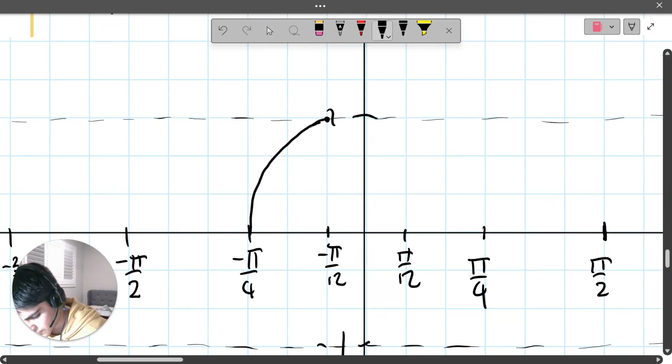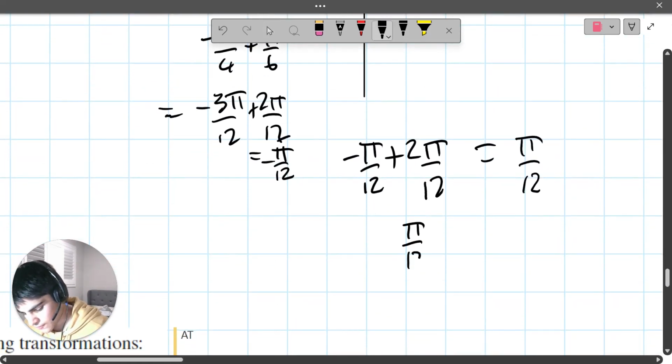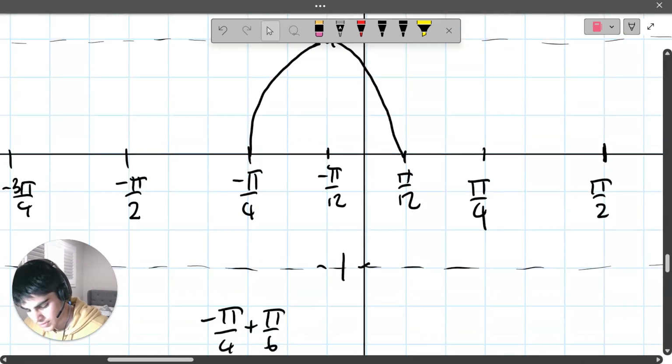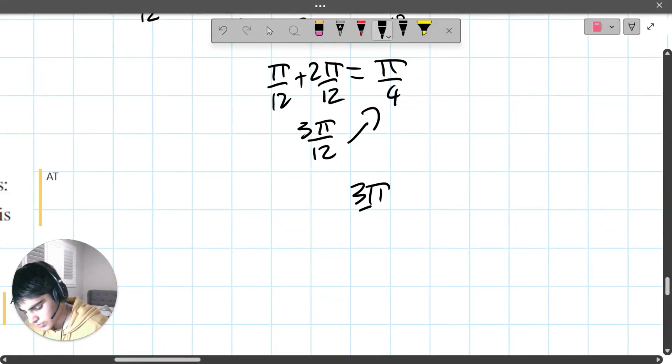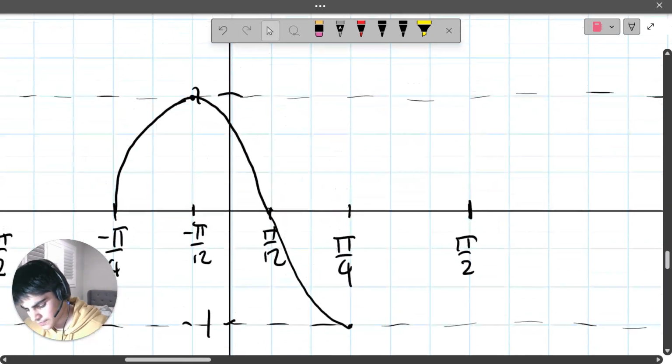Pi on 12 plus 2 pi on 12 equals pi on 4, because this is 3 pi on 12. Let's put this here. 3 pi on 12 plus 2 pi on 12 equals 5 pi on 12.